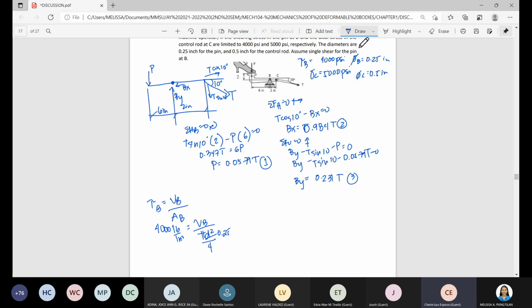Okay? Single shear lang daw po dito sa ating team D. Kaya single shear lang yung consider ko sa ating area. I mean, single area lang yung consider ko dito. Okay? So, yung ating shear force now at D is equal to 196.35 pounds. Okay?